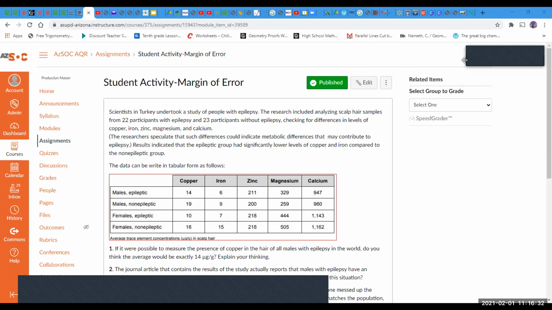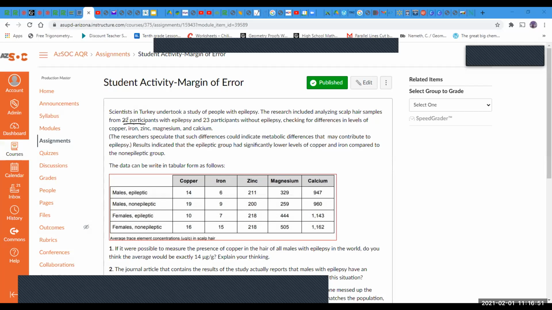Okay, Lois. So the question was this. Scientists in Turkey undertook a study of people with epilepsy. The research included analyzing scalp hair samples from 22 participants with epilepsy and 23 participants without epilepsy. Interesting. Checking for differences in levels of copper, iron, zinc, magnesium, and calcium.